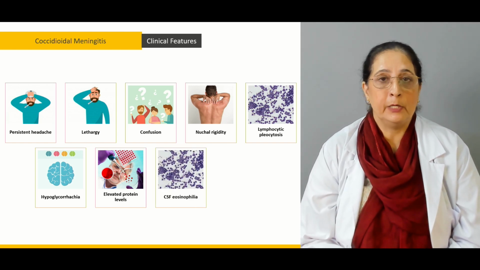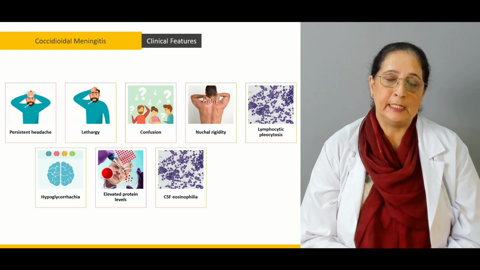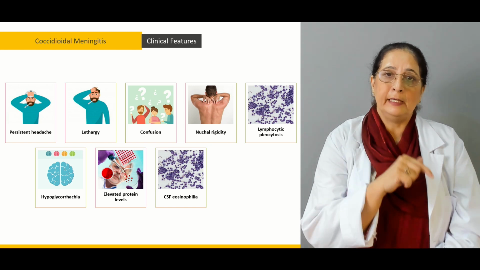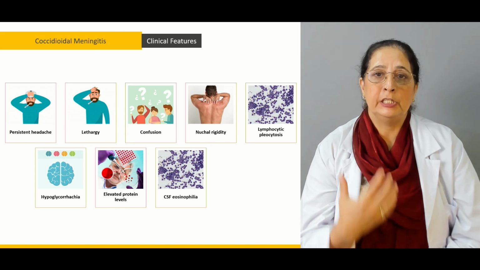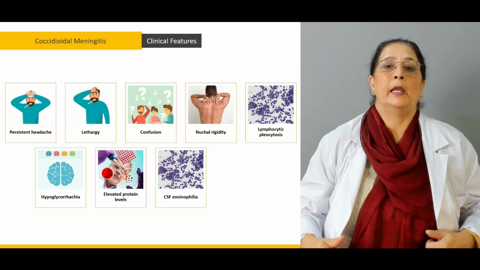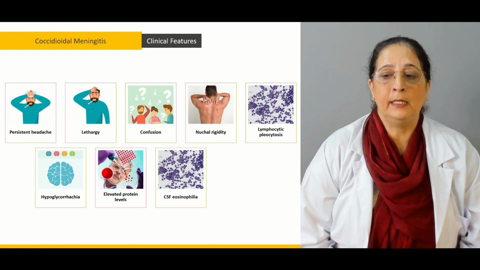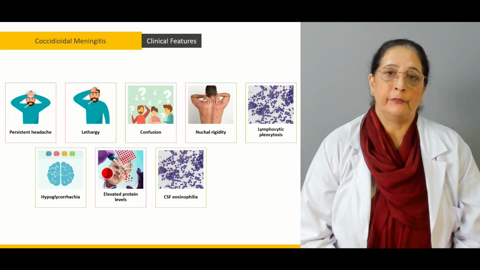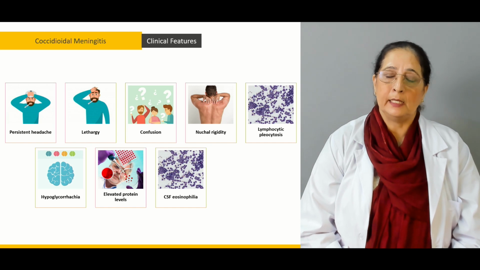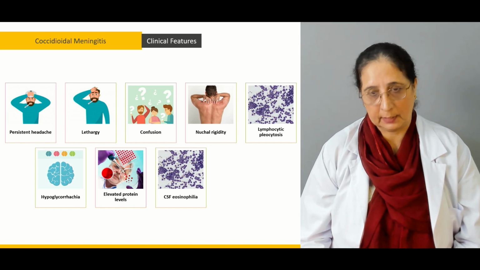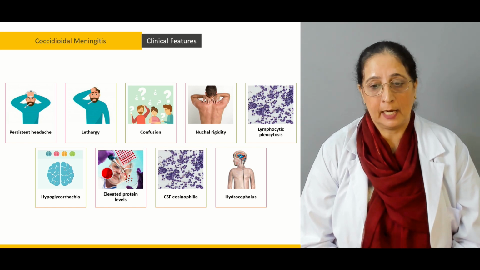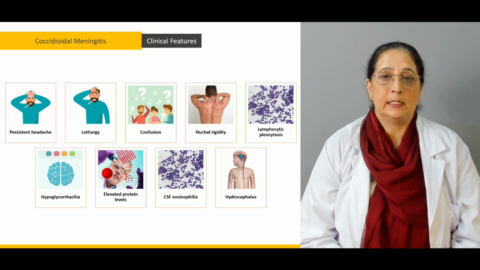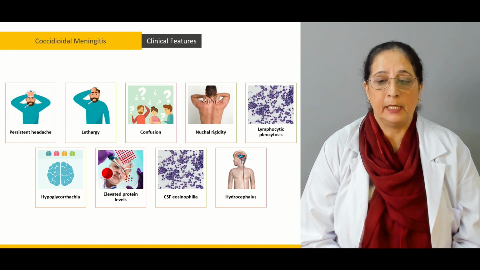Cerebrospinal fluid eosinophilia, increased eosinophils. Peripheral eosinophilia is anyway present, and in meningitis there is cerebrospinal fluid eosinophilia, increased eosinophil cells, which is present in fungal infections. And then there is hydrocephalus. Hydrocephalus is enlargement of the head.